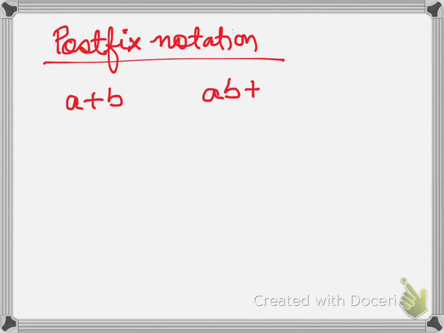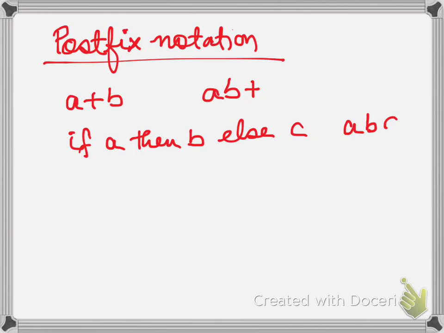If I have something like this, say if a then b else c, this is a programming construct. You can write this in postfix notation as A, B, C and then the ternary operator. So if A, it is interpreted as if A then B else C.